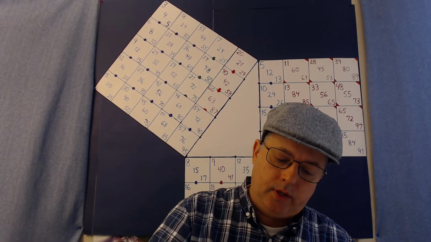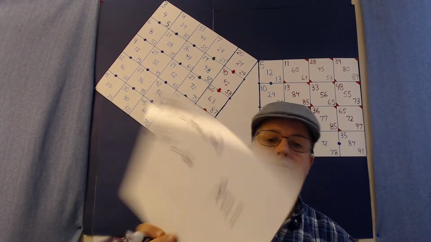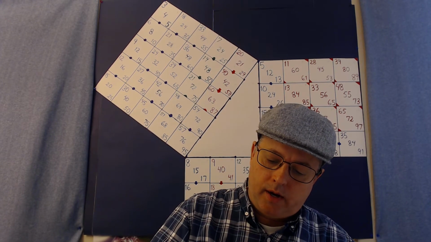And then for the m squared minus n squared, we would have 3 squared minus 1 squared, and that would give us 9 minus 1, which would give us 8.